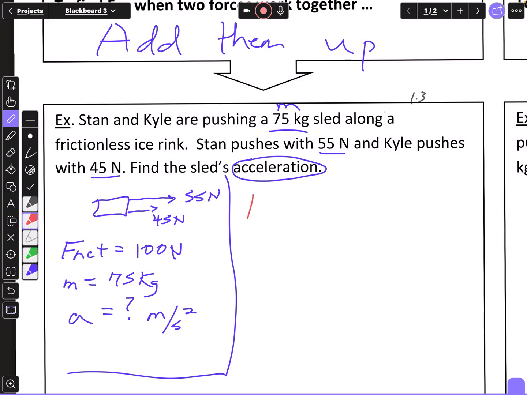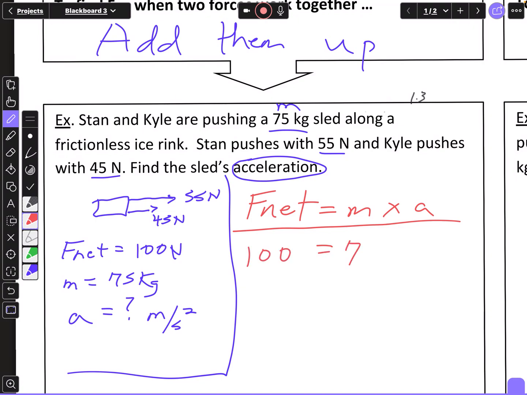Next, my equation, F net equals m times a. Now I'm going to substitute and solve. F net is 100 equals mass was 75 times a. I need to solve for a.